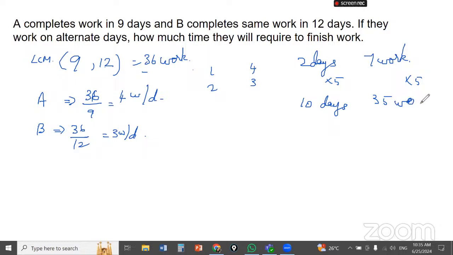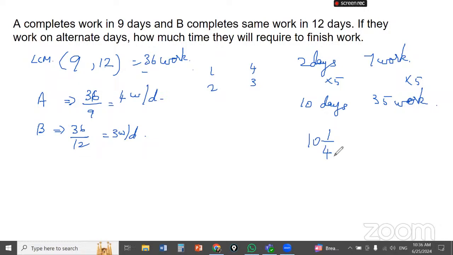35 work will be completed in 10 days, but the remaining one work is there. This one work will be completed by A, because A, B alternately we are taking. So after B completes, again A will start doing. So A will be doing 4 work in a day, but we have only one work that has to be completed. So 1 out of 4.